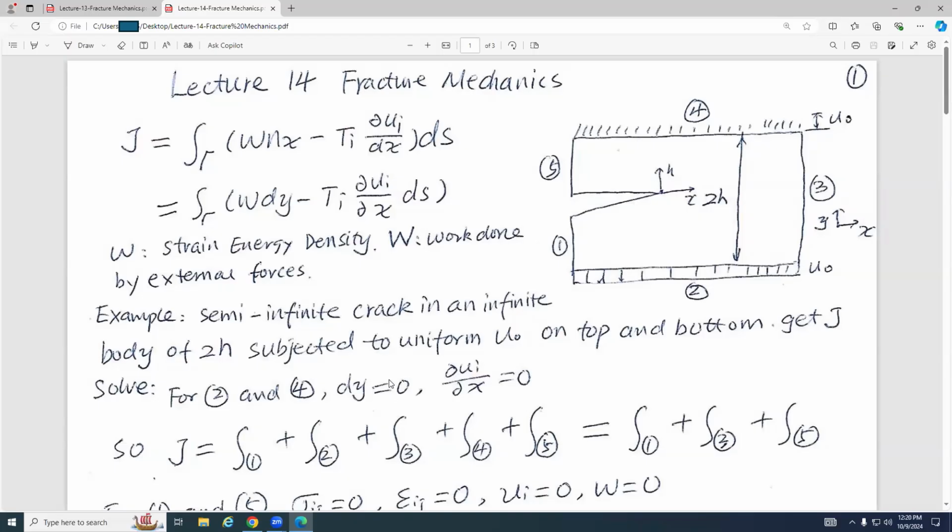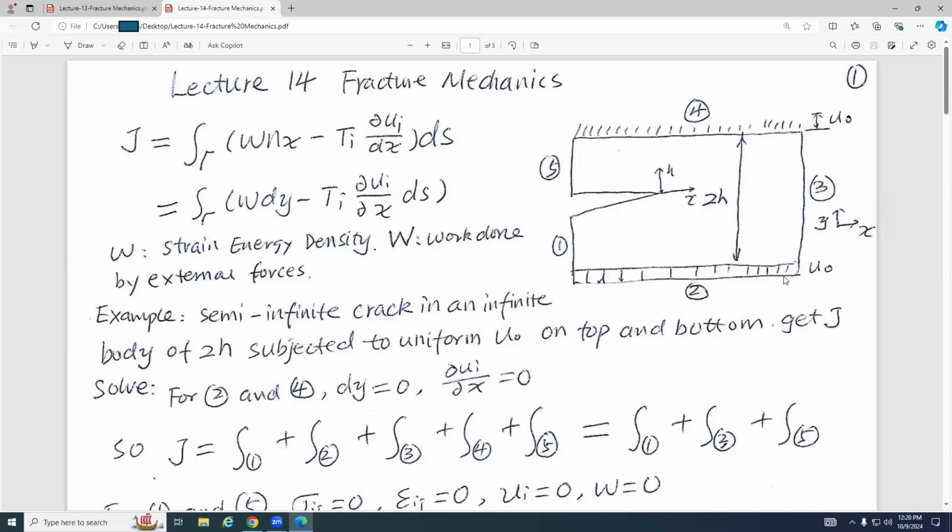So when dy equals 0, for this line and this line, y does not change with respect to x, because you just pull it u0 and pull it u0, then fix it. U0 is fixed on top and on bottom, so u0 does not change.